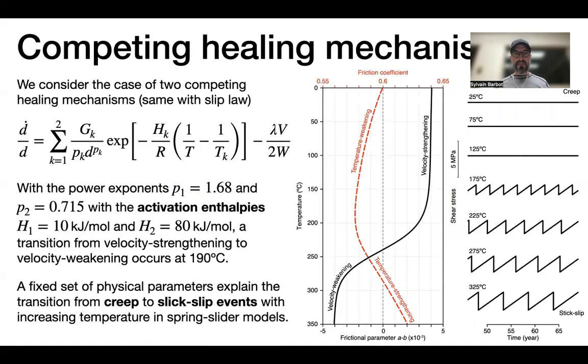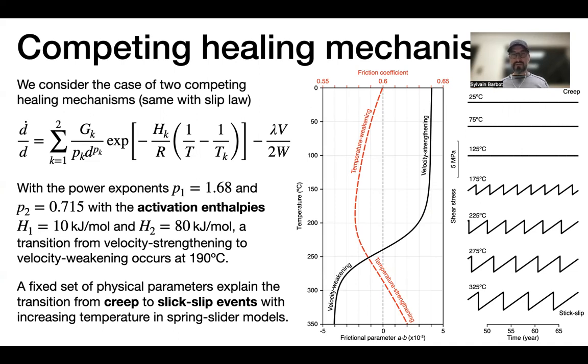So to illustrate this, I made some simple synthetic calculations for a material with activation energies for healing of 10 and 80 kilojoules per mole with only 2 healing mechanisms. And in fact, 2 healing mechanisms is what is needed to explain most of the data. And then I calculate the effective frictional properties, so the velocity dependence parameter for the direct effect and at steady state, and look at how it evolves with temperature.